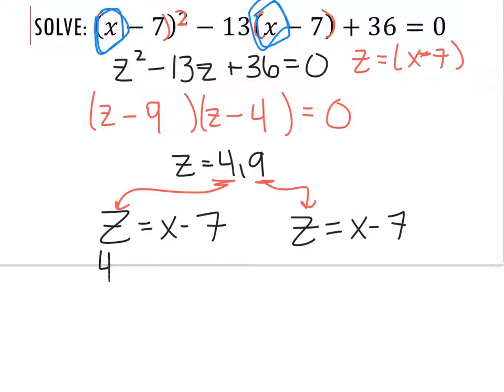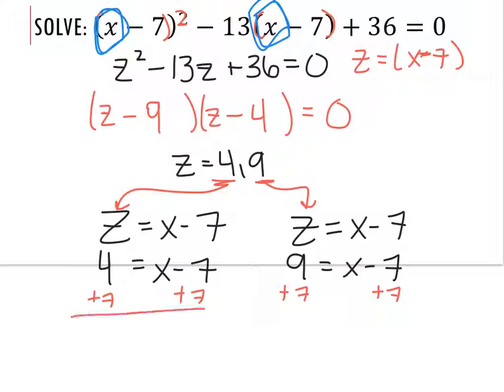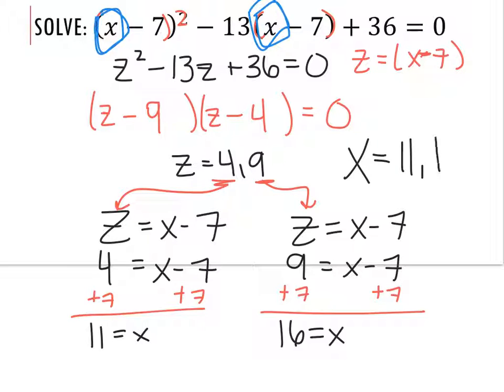So instead of writing z, let's write 4 is equal to x minus 7 and 9 is equal to x minus 7. If we solve this, we realize that x is actually 11 and 16. So the final answer for this is x is equal to 11 and 16.